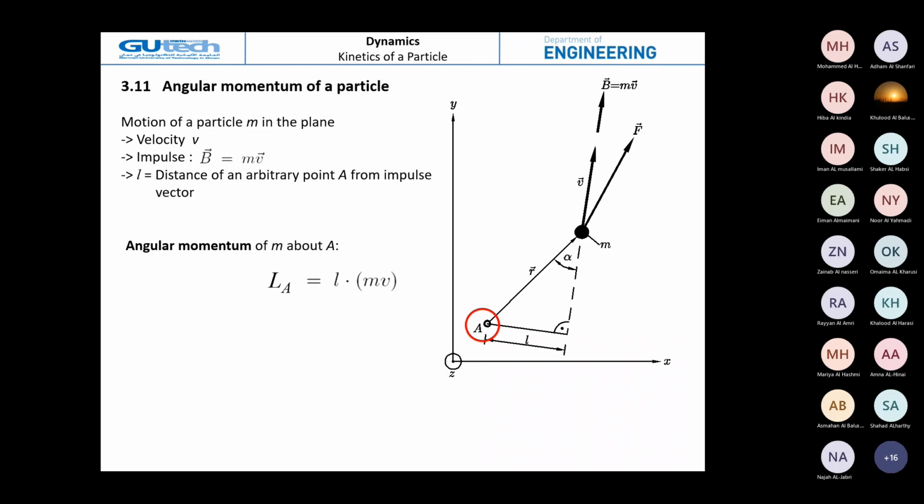It is only the force multiplied by the arm, or we can write it in vector form: the force cross product, or vector product, of the position, the vector distance. Now this is L, multiplied by this B, which is the impulse. This is in general what is known.